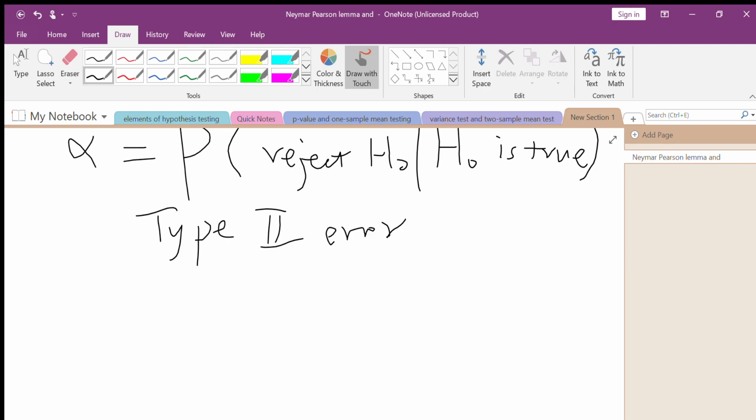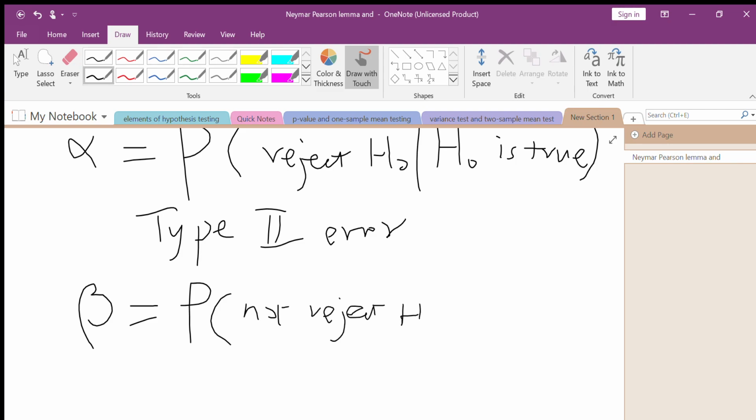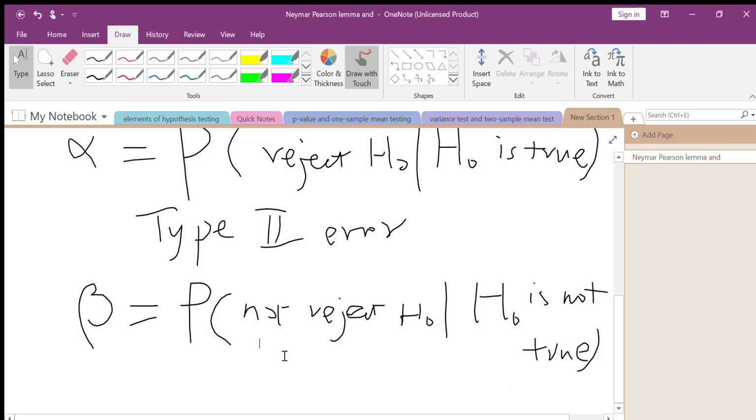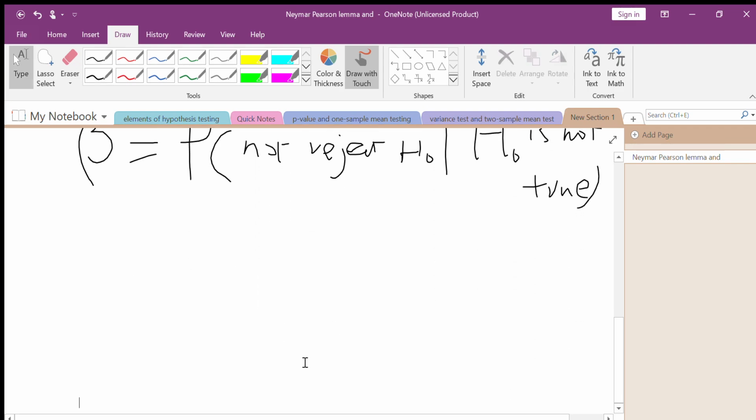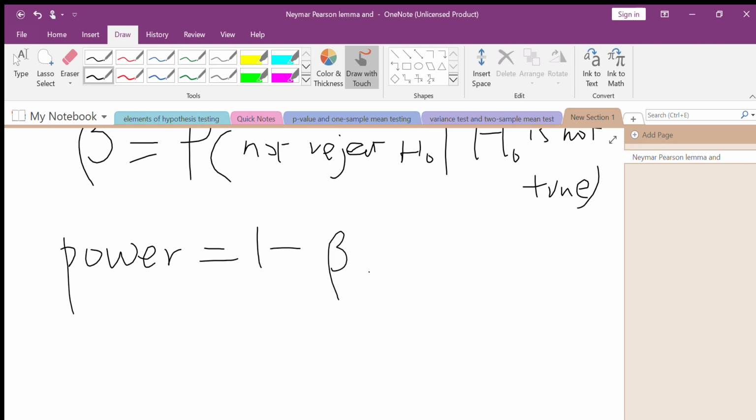Type 2 error is denoted as beta, the probability of not rejecting H null given H null is not true. We also have one more terminology, power. Power is nothing new, it's just 1 minus beta. It is called power in statistical theory.